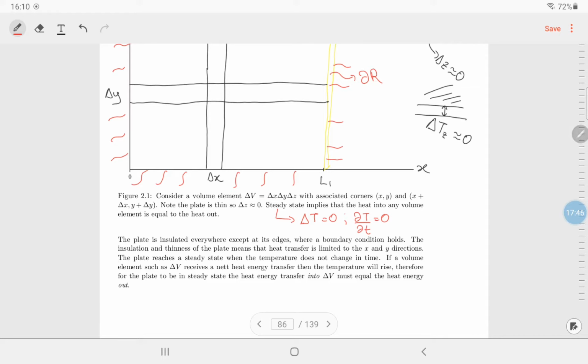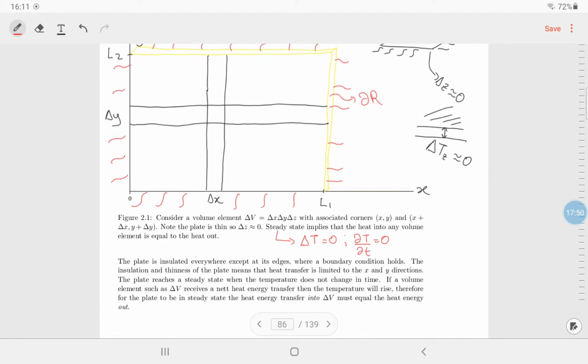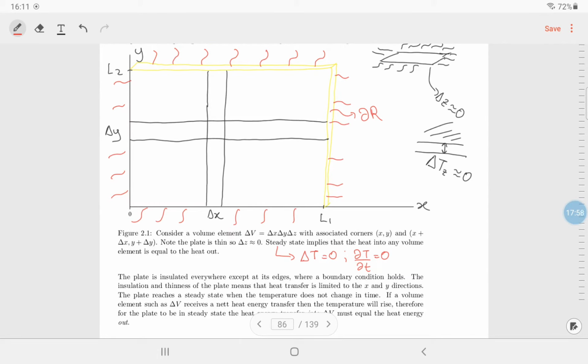For steady state, just imagine this little volume element in the middle. The amount of heat going in must equal the amount of heat going out. If there's more heat going in than out, then the energy in that little volume element will increase and the temperature will increase. So whatever is going in must go out.